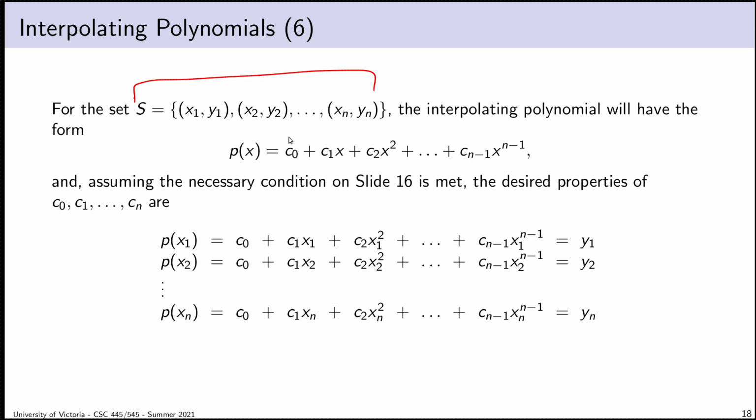It basically is just a linear combination of the product of coefficients and powers of x. So c0 times x to the 0, c1 times x to the 1, c2 times x to the 2, and so on. And obviously x is an unknown, x is an argument to the function, so the only things that I need to figure out before I have the whole polynomial are the coefficients themselves, c0, c1, c2, up to c_{n-1}.